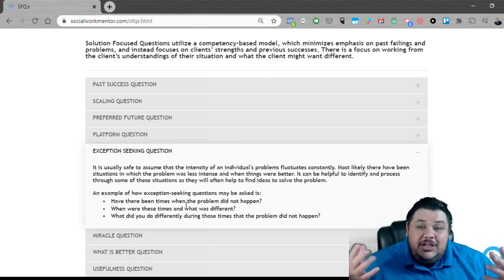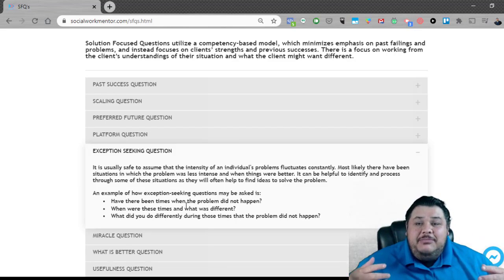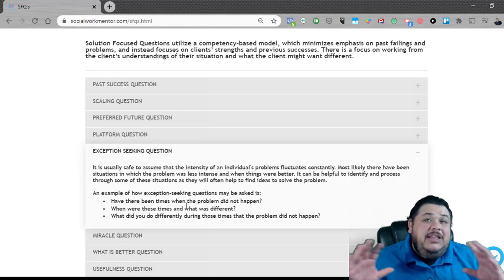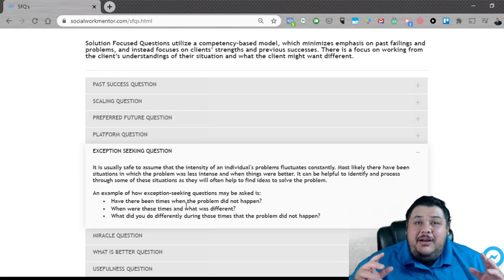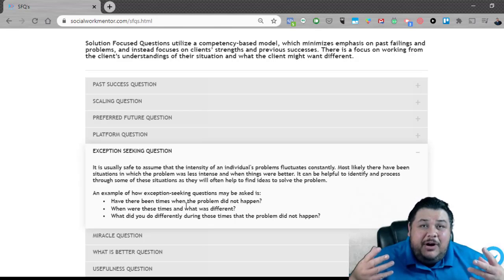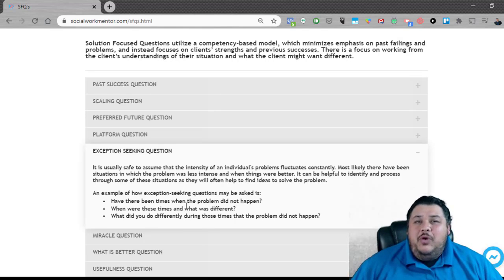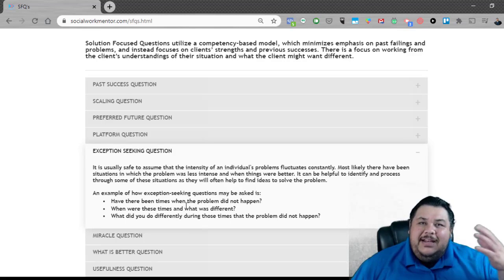In the initial part of the question, you had them think about a time when things were a little bit better. The second part was to get a little more detail, to connect more with what that time was like, when it was, and who was involved. Just get a little detail, make it feel more relevant and real to them.